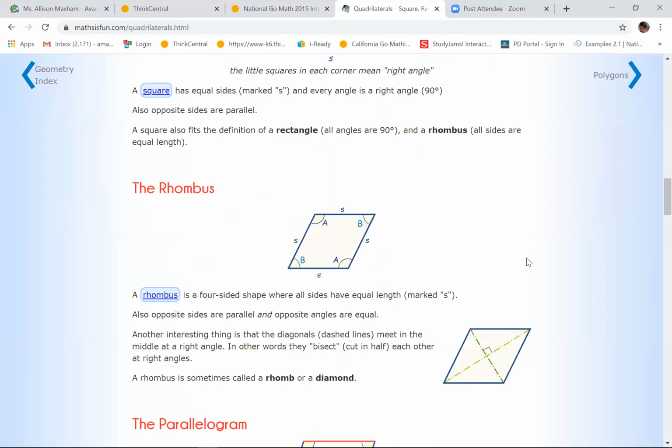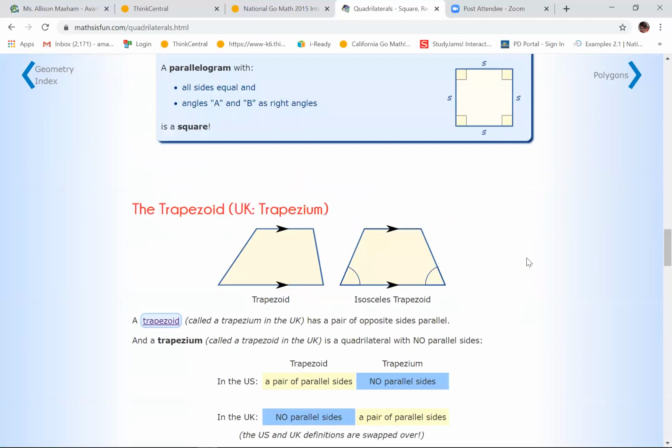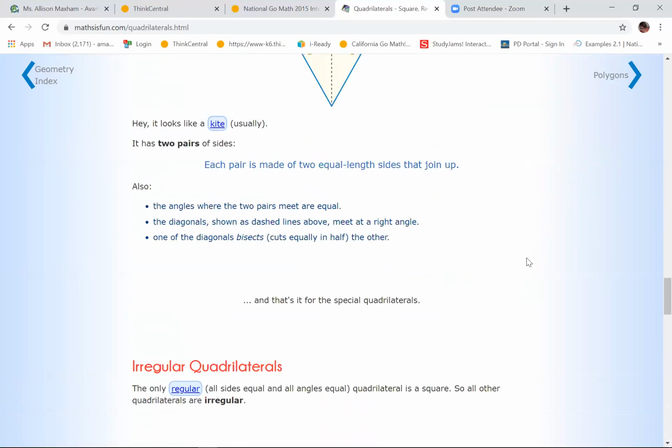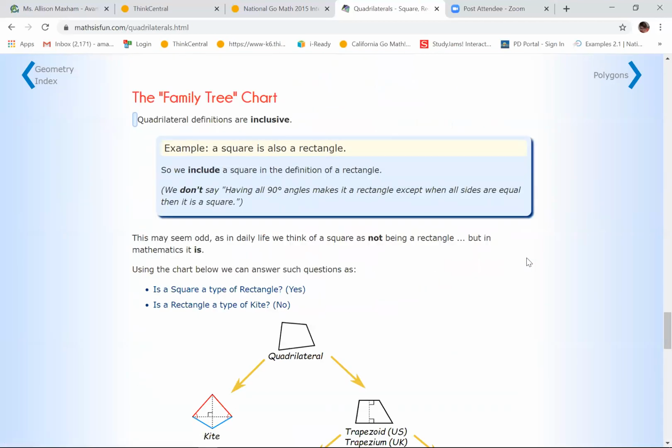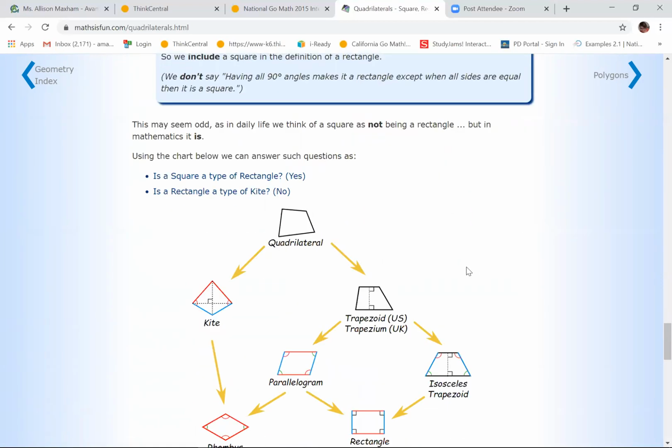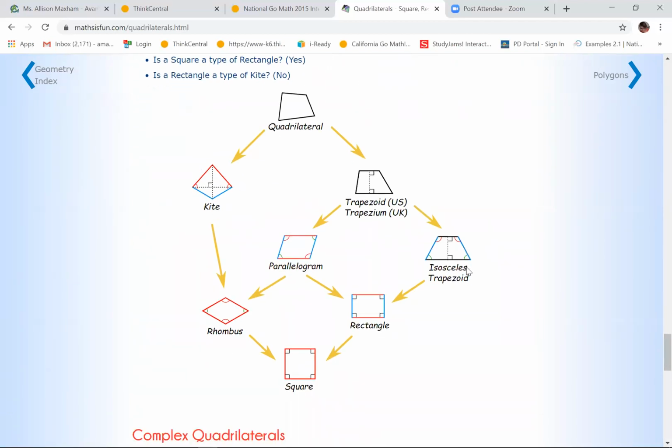So we're talking about all these shapes already. And I want to scroll down because we've seen a Venn diagram showing how these figures are related, but I wanted to show you the family tree chart. And this is cool because it kind of looks like the food web that we've been studying in science.